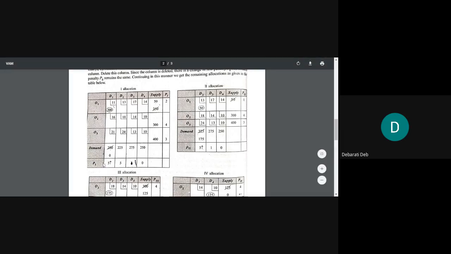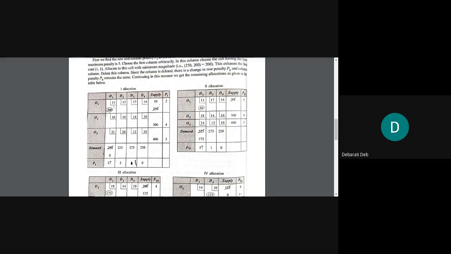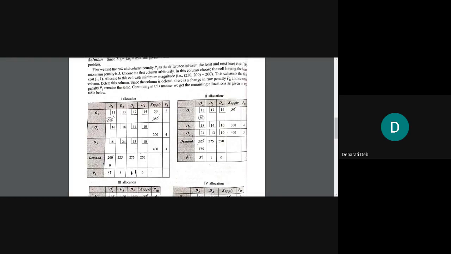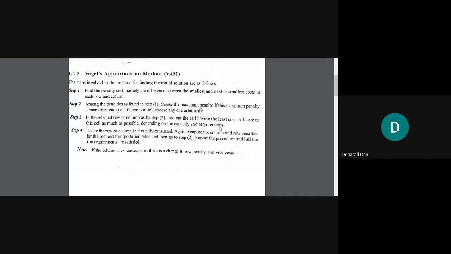So when we are selecting this, then in that column we will have to see which one is the lowest cost. In the steps also it is written, you can refer to it in case you find any difference.